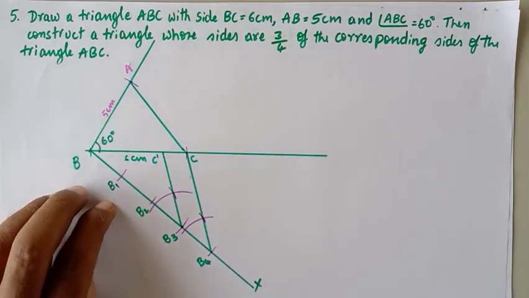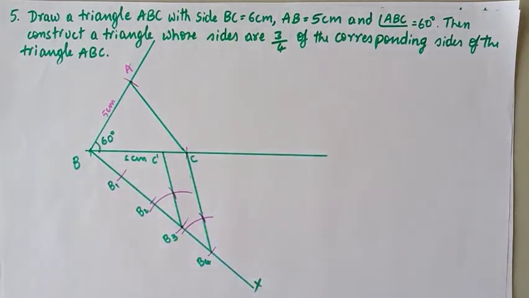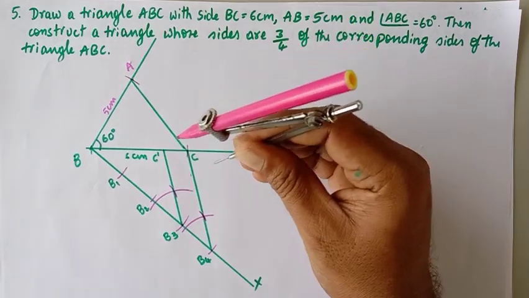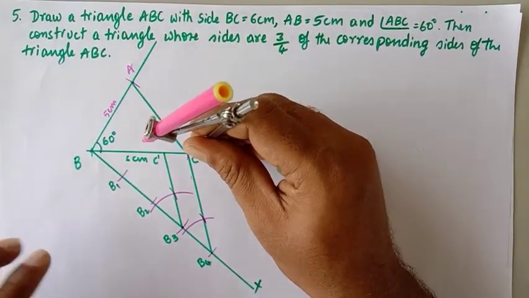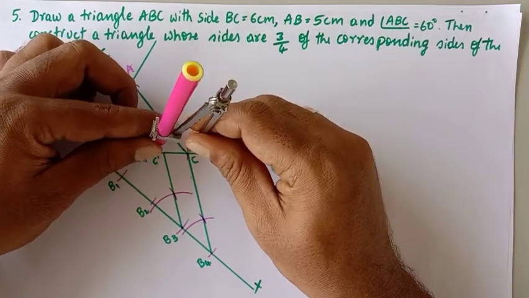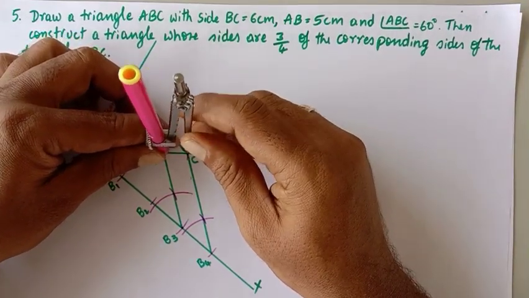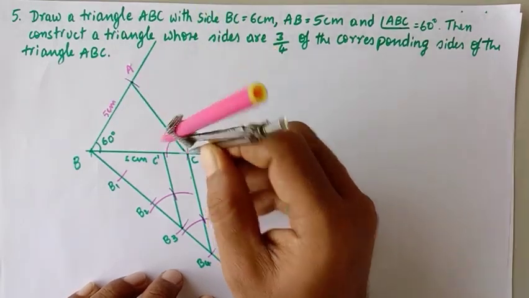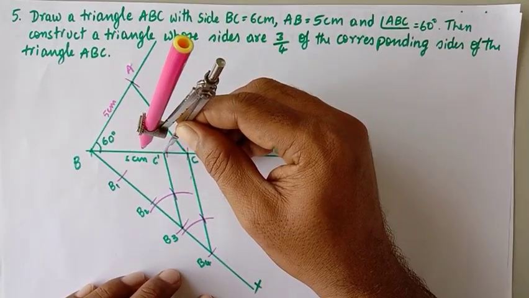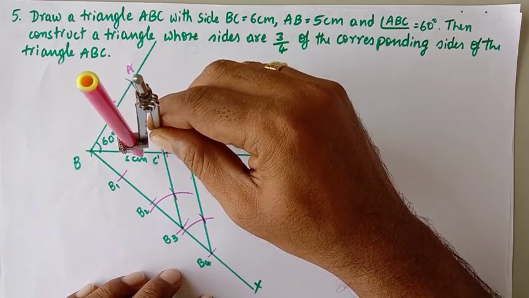The same procedure as we did here will continue here too at the point C. From the point C, I will be cutting an arc. Likewise, I will be cutting the same arc from C dash.